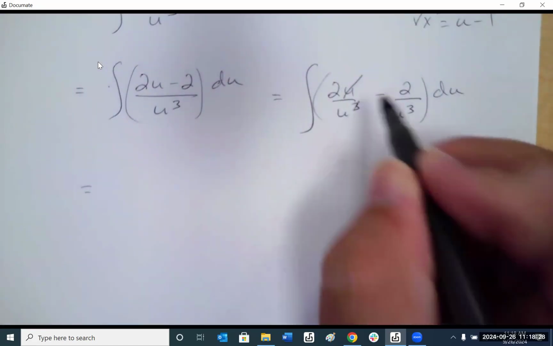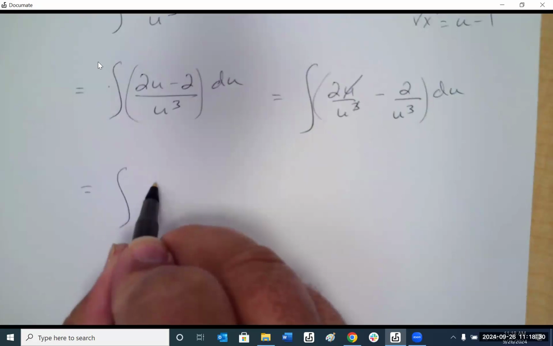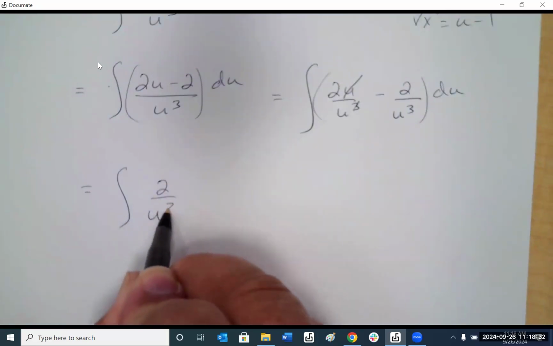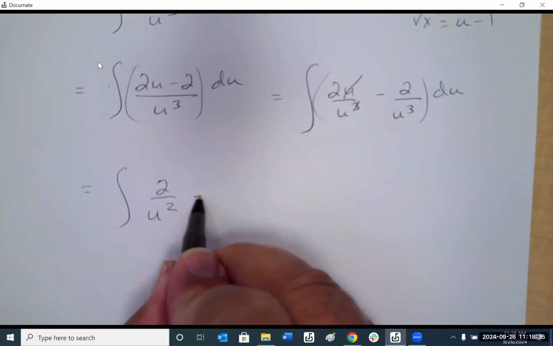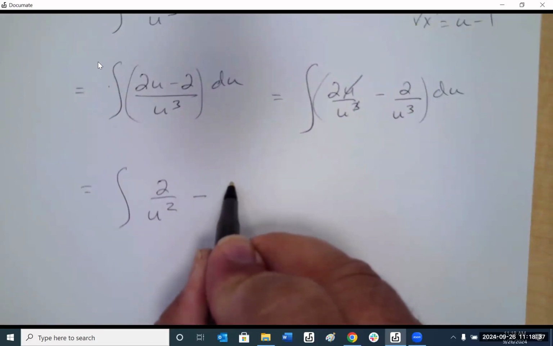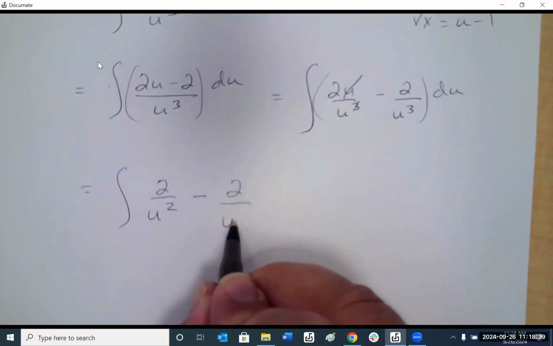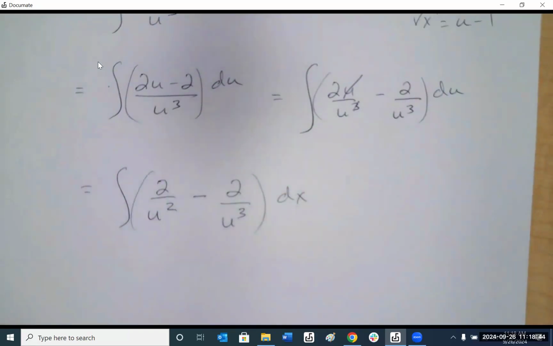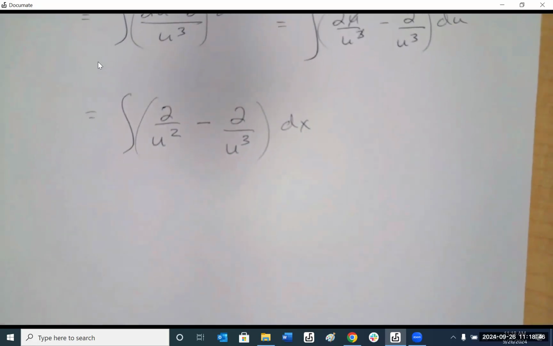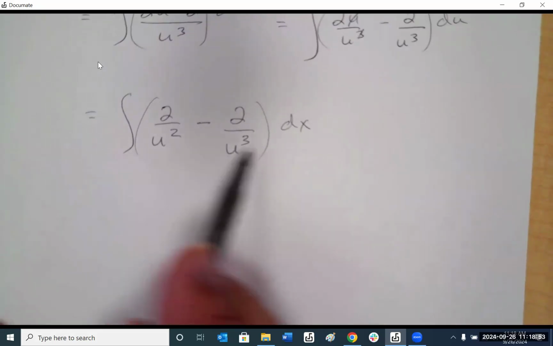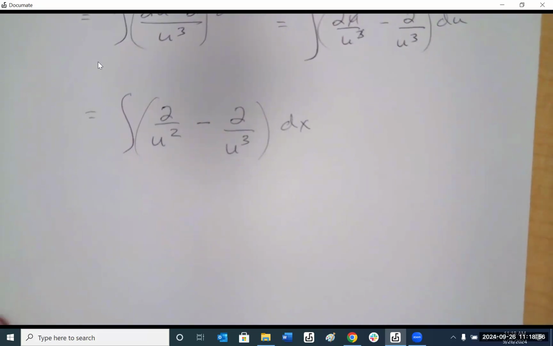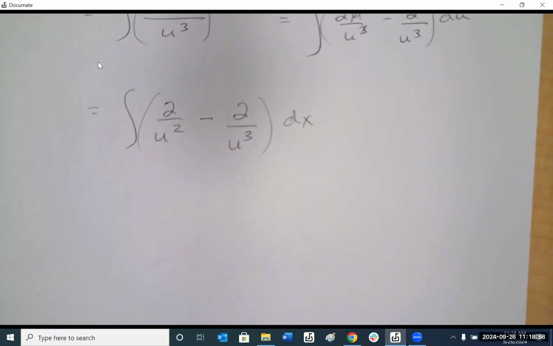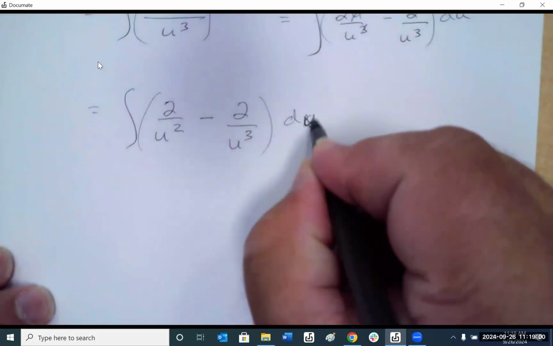The u cancels, giving us 2 over u squared minus 2 over u cubed du. How do we combine these together now? Or actually, do we need to? This should be du, I'm sorry, not dx.